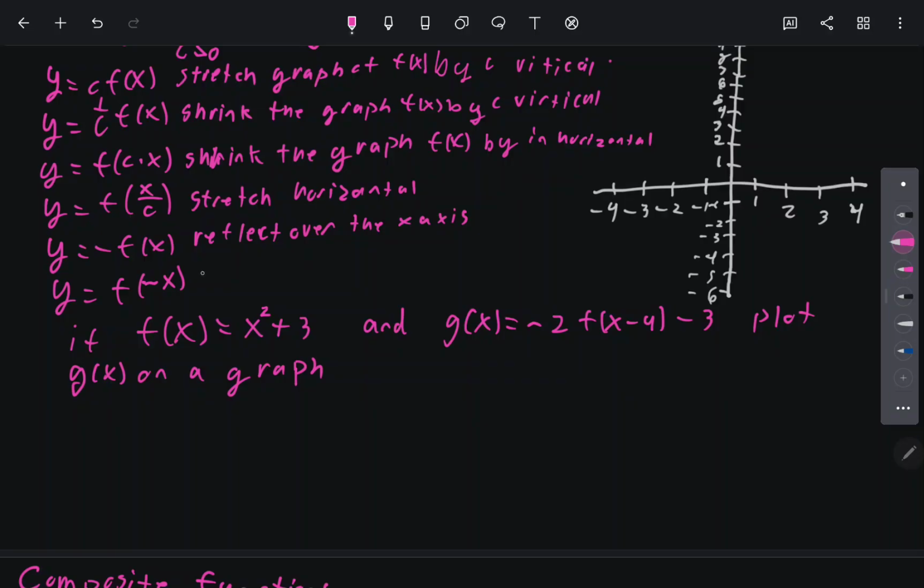Now, f of negative x is going to reflect over the y-axis. So I'm going to use a different graph this time because the parabola will look the same.